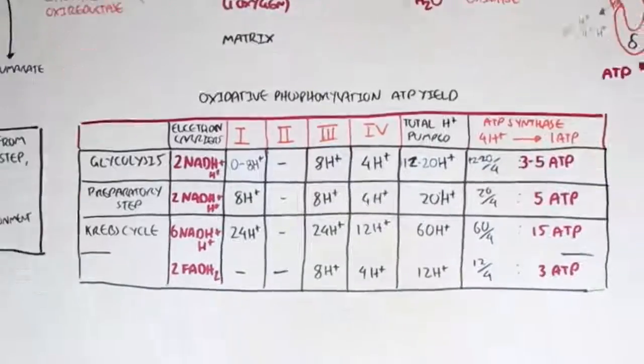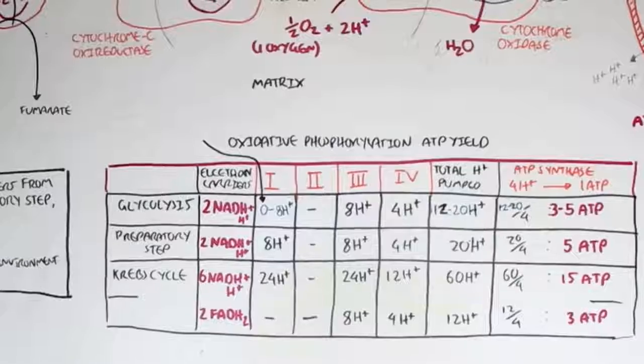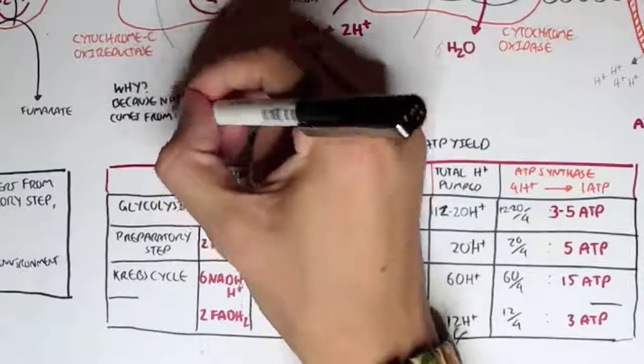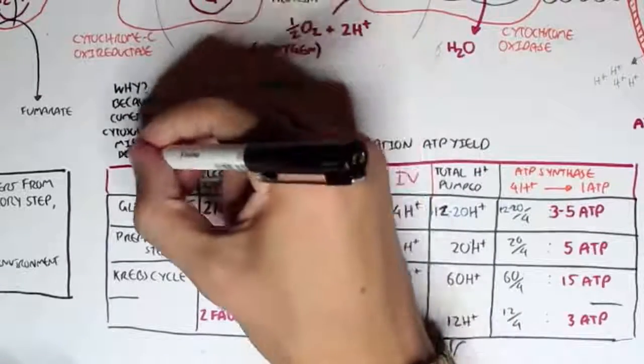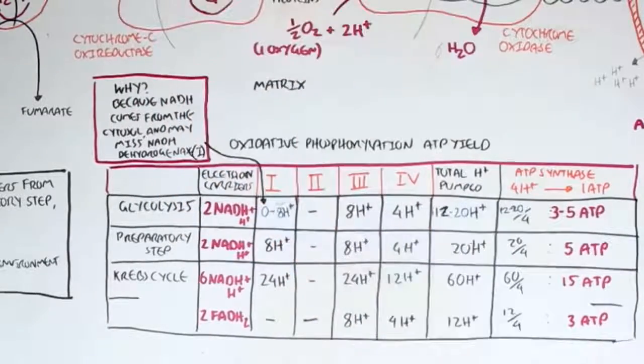I hope that makes sense. And so why is this again? It is because these 2 NADHs are coming from the cytoplasm and need some form of mechanism to go inside the mitochondria. One of its mechanisms will cause it to miss going through complex 1 of the electron transport chain. And so this will cause not as many hydrogen ions to be pumped.